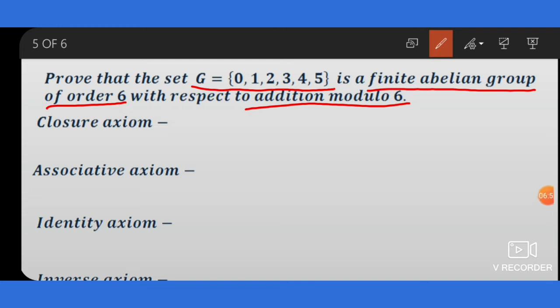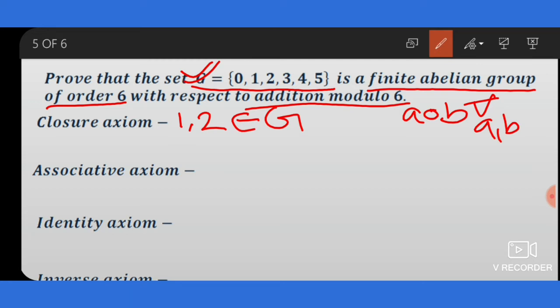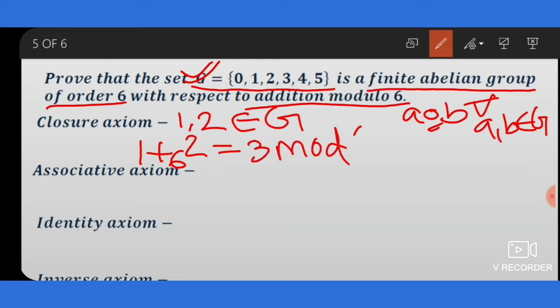Now we take any two elements 1, 2 belonging to set G. By the definition of a group, a operation b belongs to G for all a, b belonging to G. Then 1 addition modulo 6, 2 equals 3 modulo 6. 3 is less than 6, so 3 is the remainder.